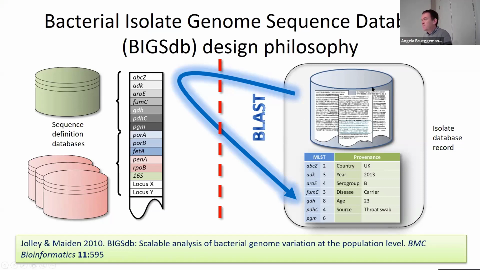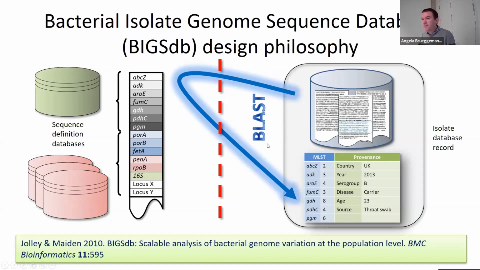Now, normally when you do a BLAST query, say on NCBI BLAST, you will have a small sequence and you'll query it against a big database of all genomes. In this case, the query is the other way around. The BLAST database contains the small allele sequences, and the actual query is the entire sequence bin. So you're querying the whole genome against a database of allelic variants.